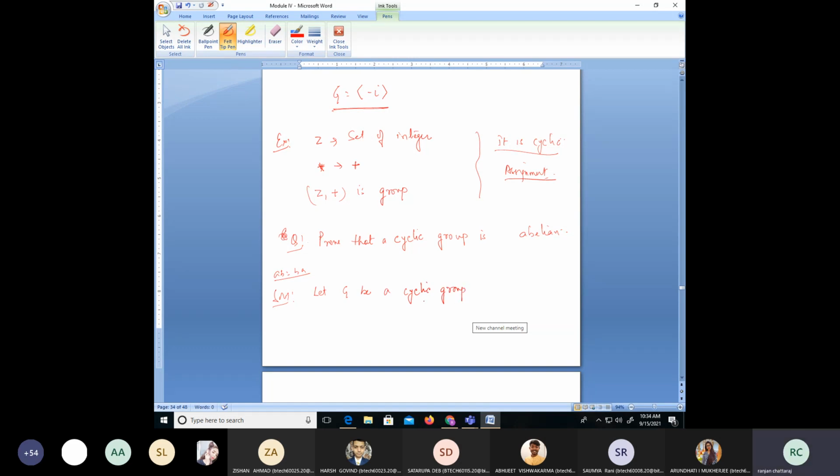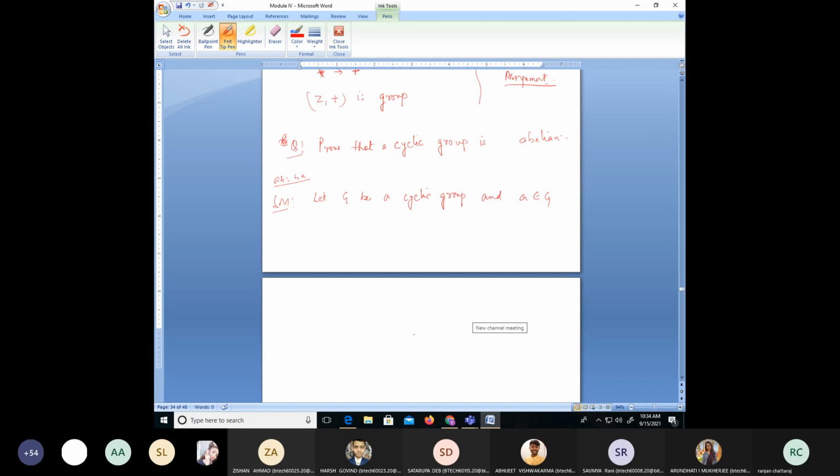Once you say that it is a cyclic group, then definitely we must have some generator also. A belongs to G, with A the generator of G, that is G is equal to the group generated by A.